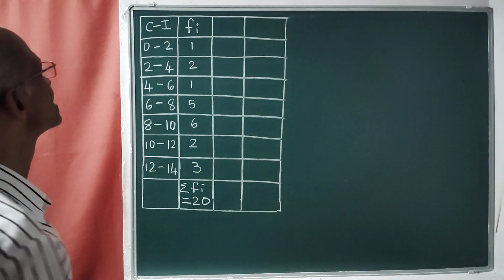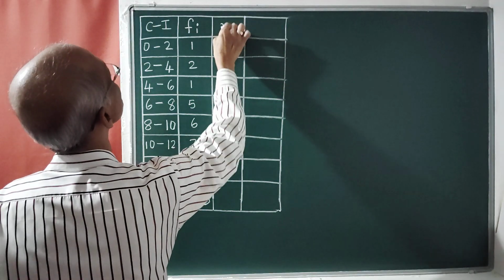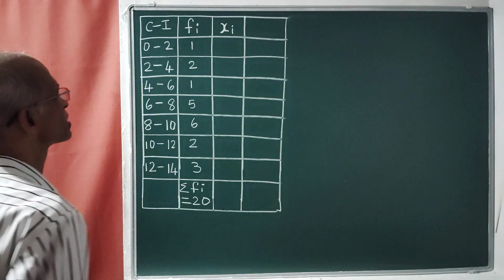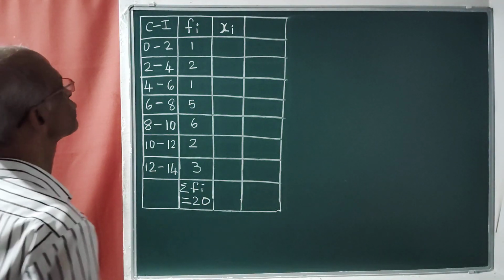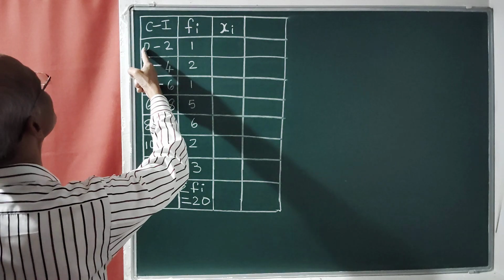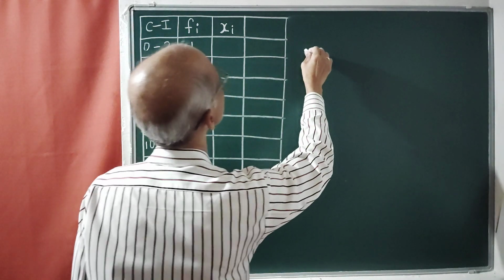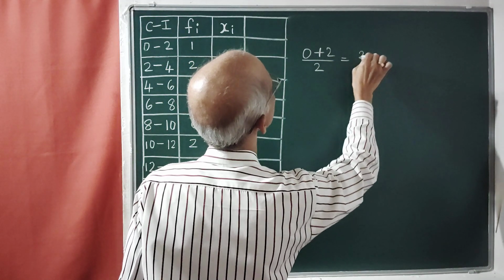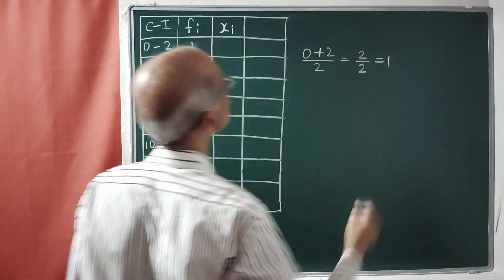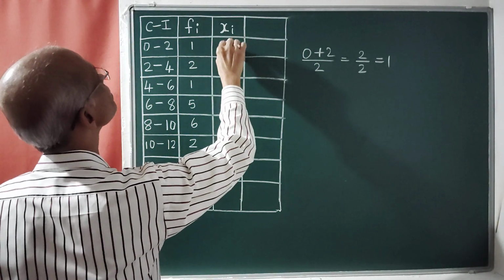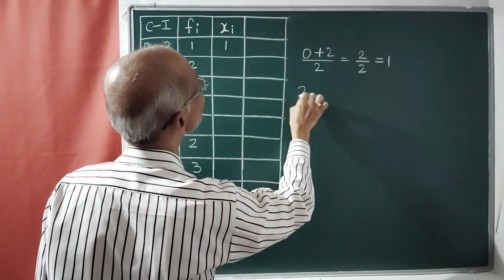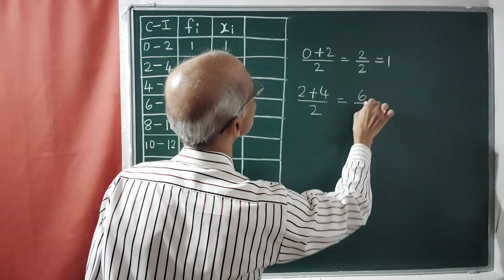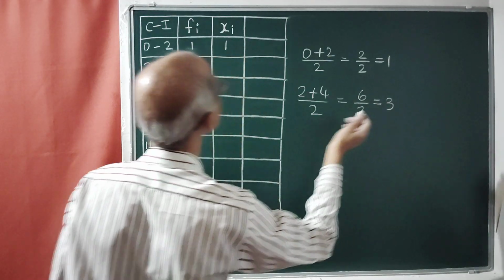That's the first step. Second step, you have to find out the value of xi. What is xi? Xi is the class mark. To find a class mark, we take lower limit plus upper limit divided by 2. See, 0 plus 2 divided by 2, 2 by 2, 1. The class mark is 1. Same way, 2 plus 4 divided by 2, 6 by 2, 3.